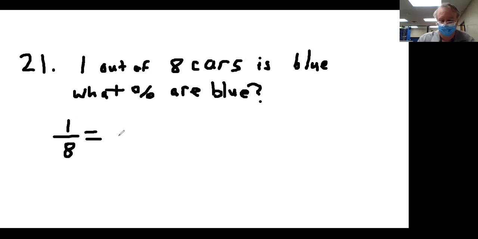I'm just kidding. Okay, 1 divided by 8 equals 0.125. And in order to convert this decimal into a percentage, you move over 2 decimal points, 12.5%.